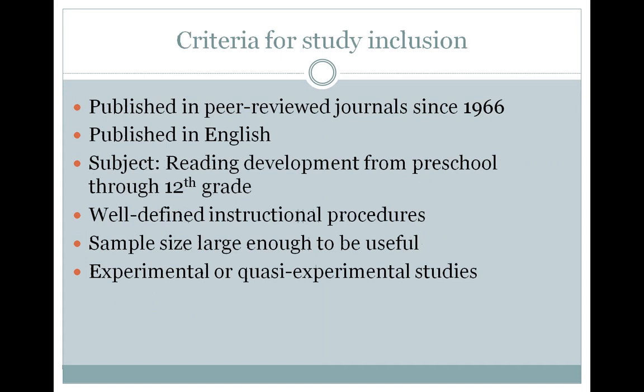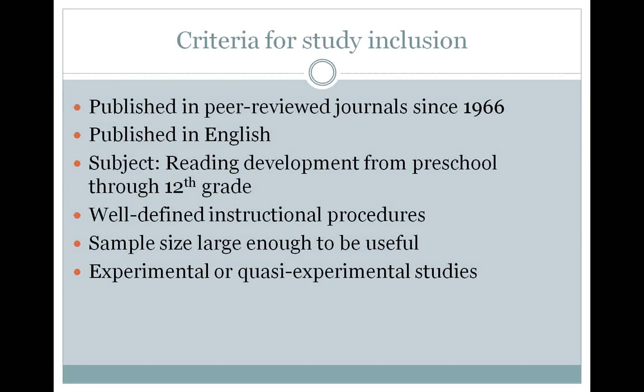The criteria for study inclusion: first of all, they started with a database of over 100,000 reading-related reports. But they winnowed these down considerably by these criteria. First of all, the study had to be published in a peer-reviewed journal since 1966.